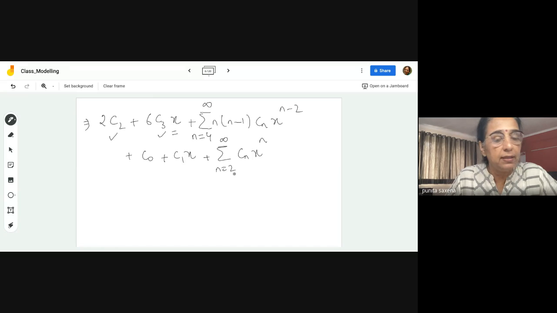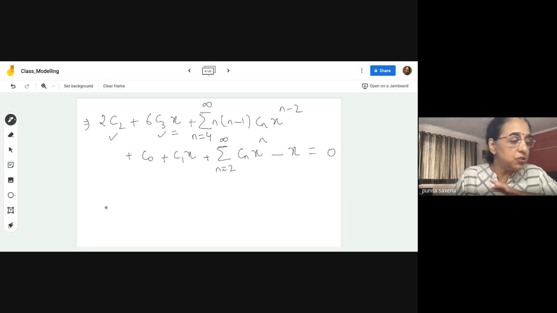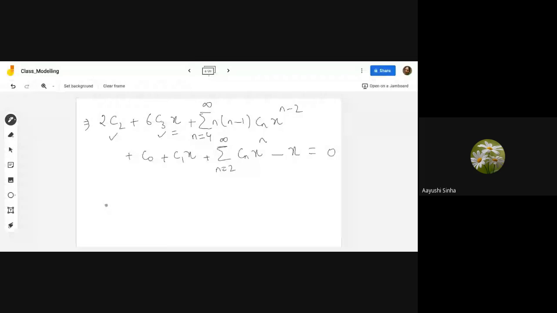Is this okay? Then minus x equal to 0. I have just rewritten my terms. Is that okay? Yes, ma'am.